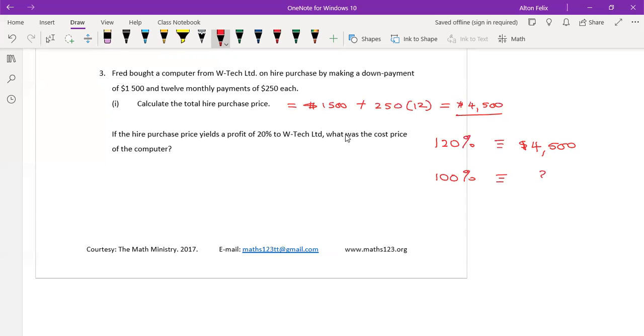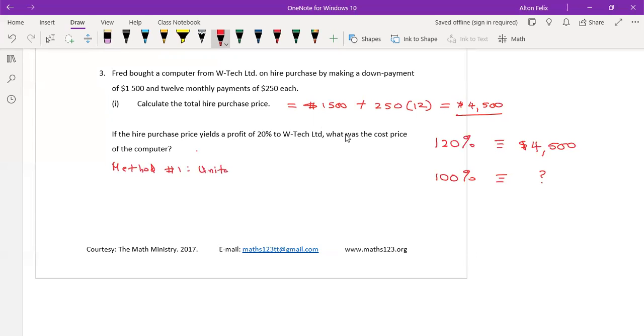A couple of ways you can do this, so let's explore two methods here. The first method, let's call it method number 1, the unit method.